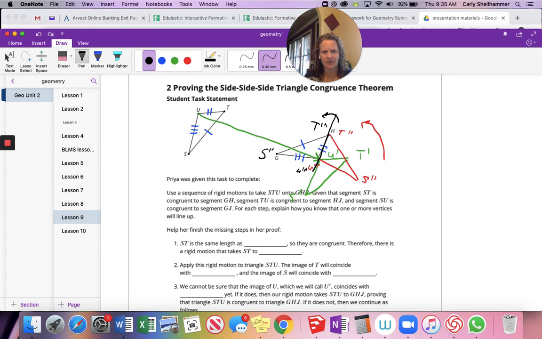And then we made it so that T triple prime, U triple prime lined up with HJ, and here it says that TU is congruent to HJ. All right, so we used that sequence of rigid motions to line up all the vertices so that the congruent segments coincided with the congruent segments. All right, so help her finish the missing steps in her proof.